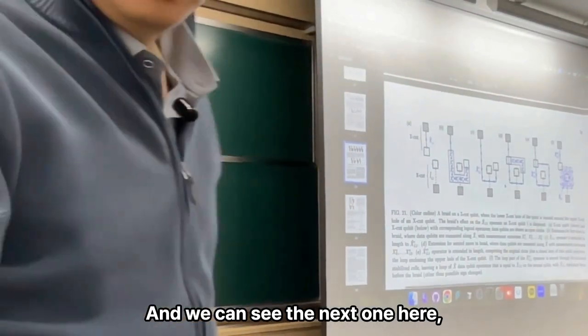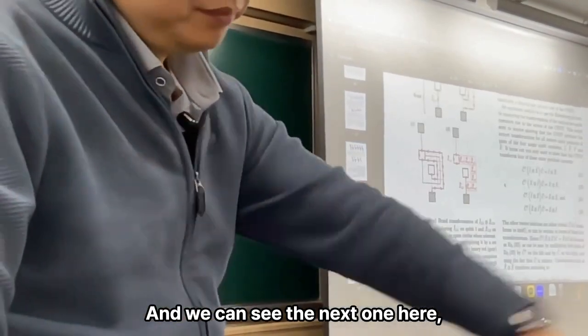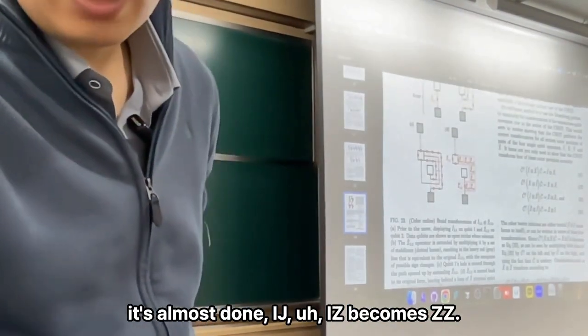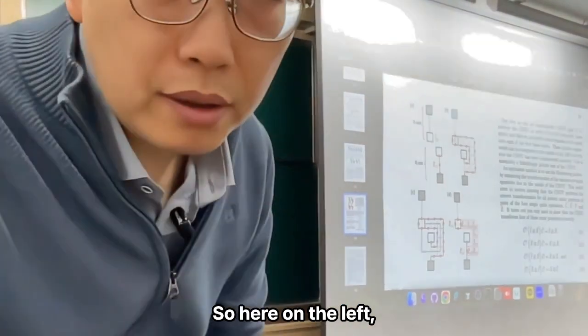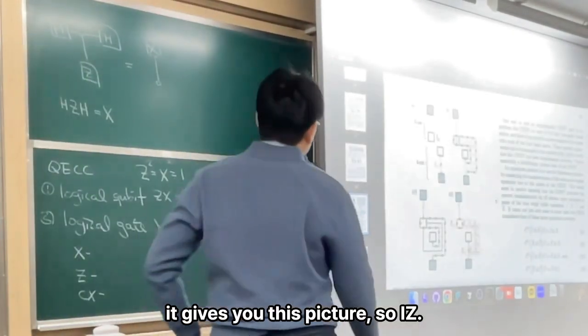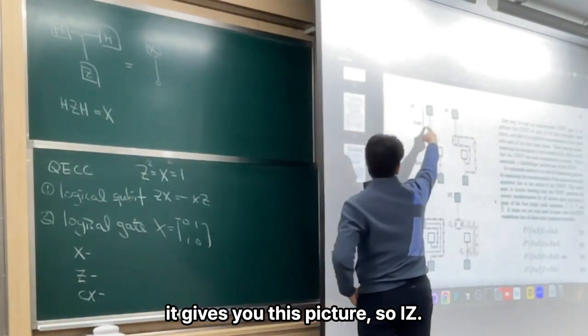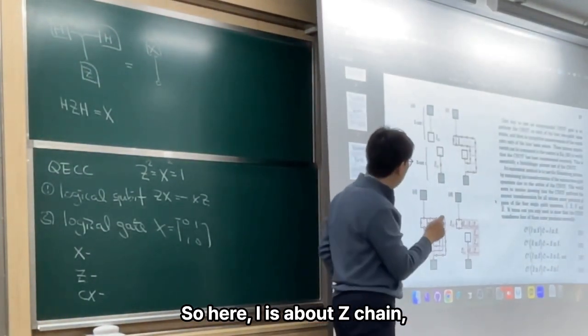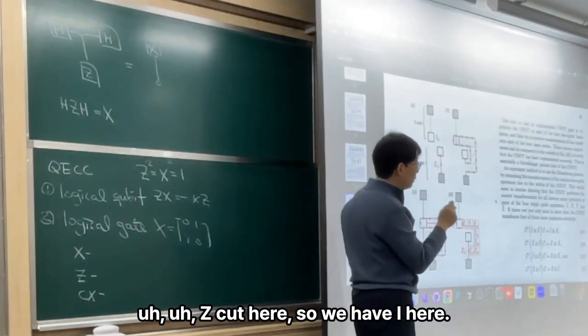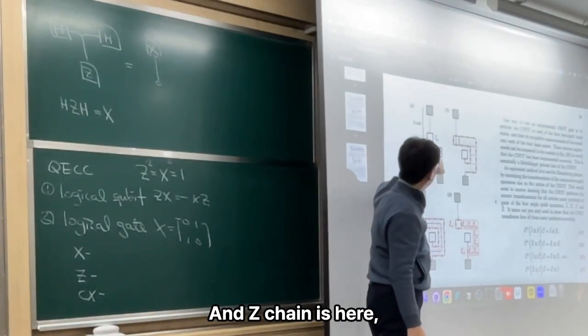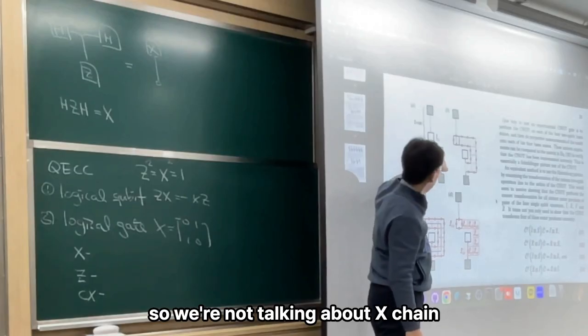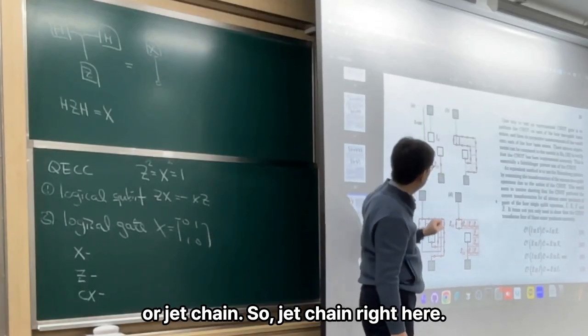And we can see the next one here. It's almost done. IZ becomes ZZ. So here on the left, it gives you this picture. In IZ, I is about the X cut and the Z chain is here. So we have I here, and the Z chain is right here.